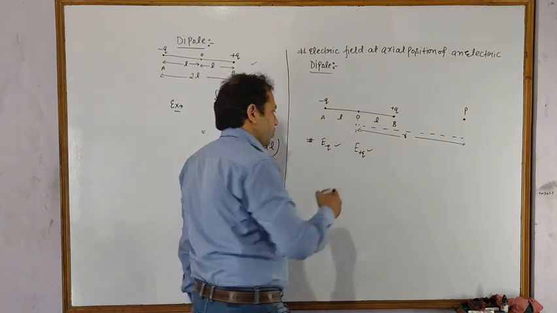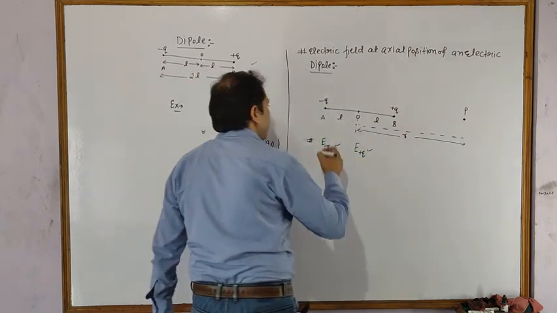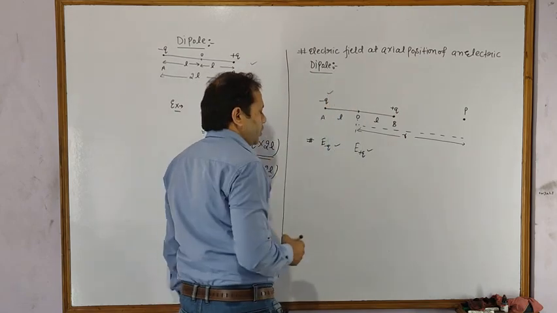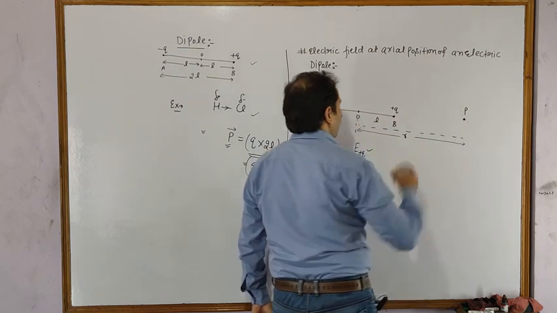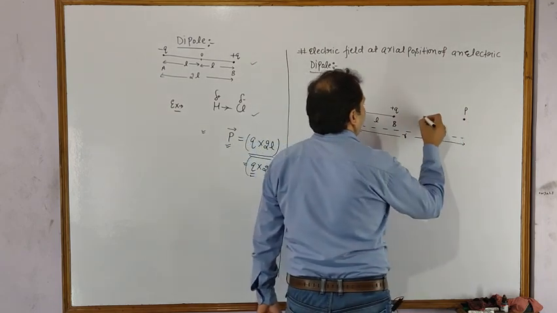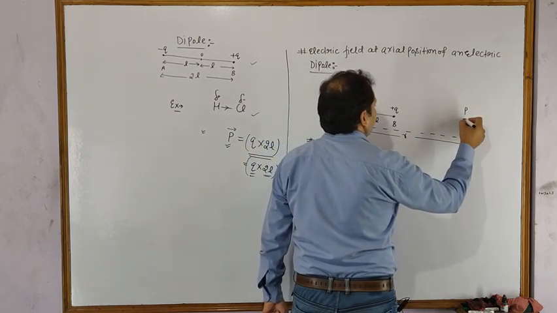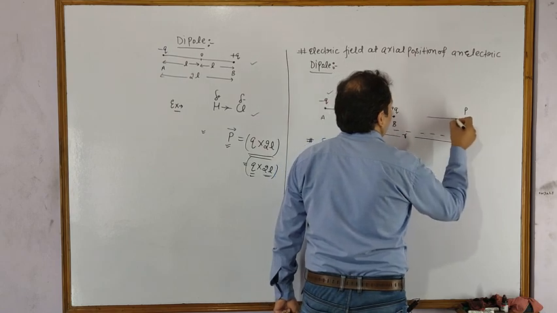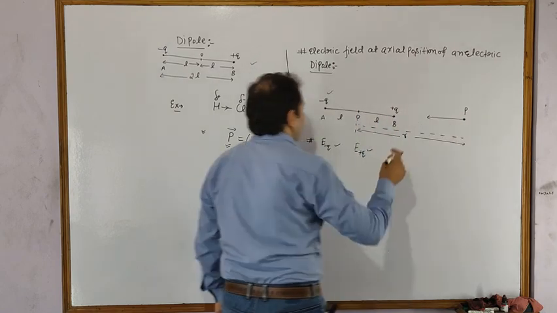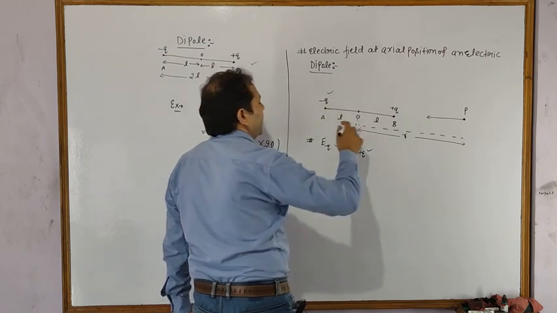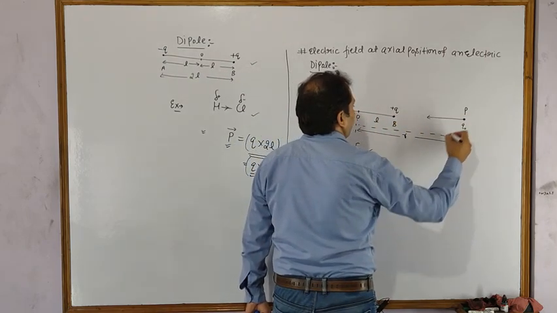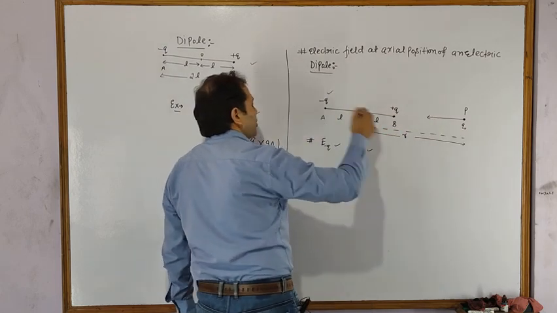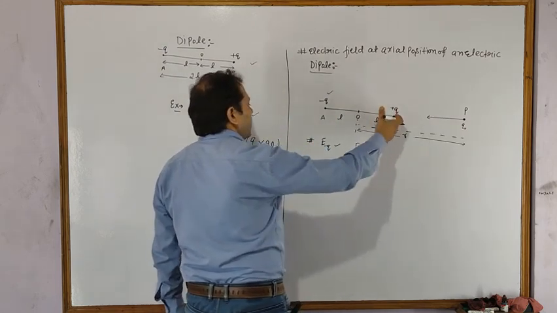The electric field due to the negative charge at point P will be directed towards the BA direction, because if we put a test charge, its movement will be towards BA.